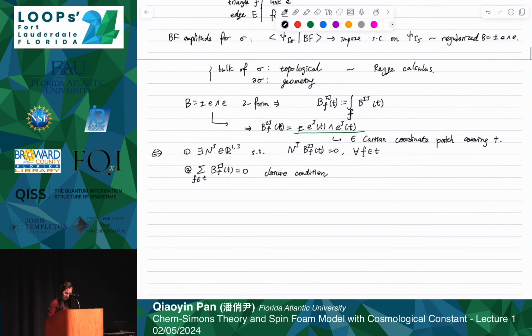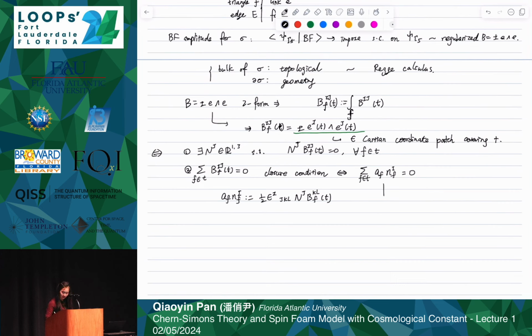We define the area of a triangle times the normal vector of the triangle, and it equals 1/2 epsilon_{IJKL} times this 4-vector times the discretized B field. If I write it in this way, then the closure condition can also be written as the sum over all the triangles of the area times the normal vector equals 0.